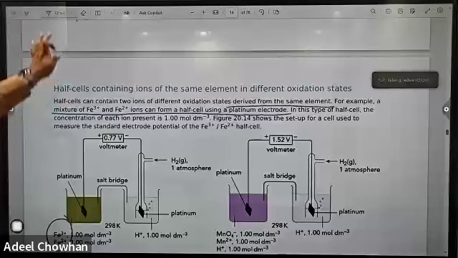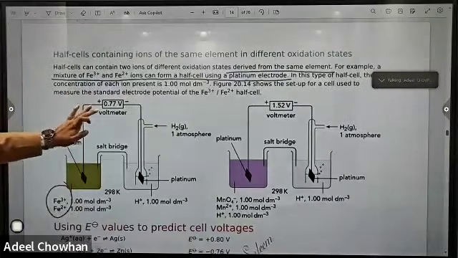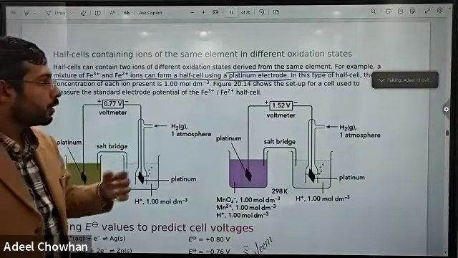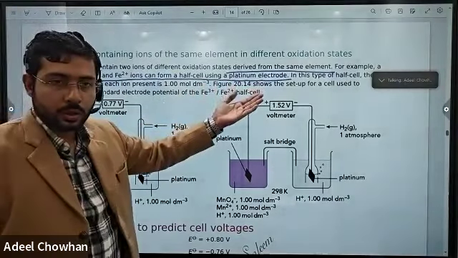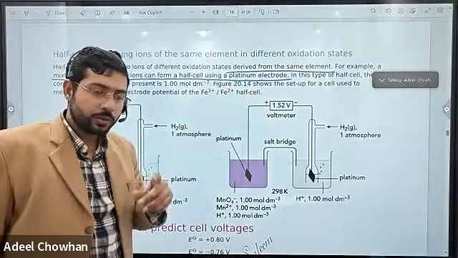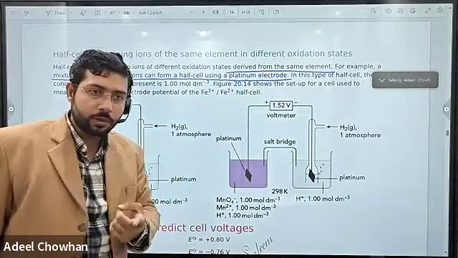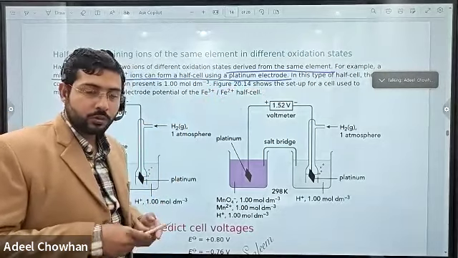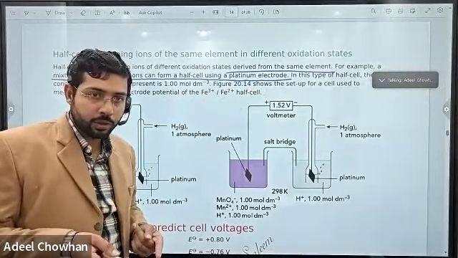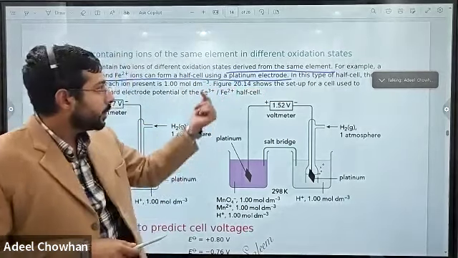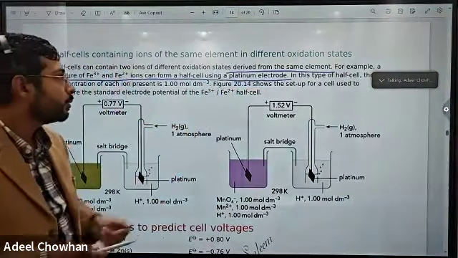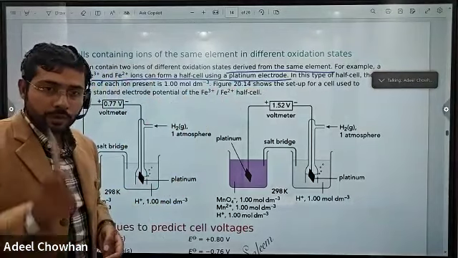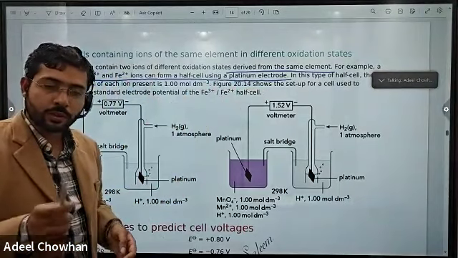So here, again, we have the platinum electrode used. So you have to learn the conditions in which platinum is used. The first condition was when there were non-metals present in the half cells, and the second condition is when we are using different oxidation states of the same element.